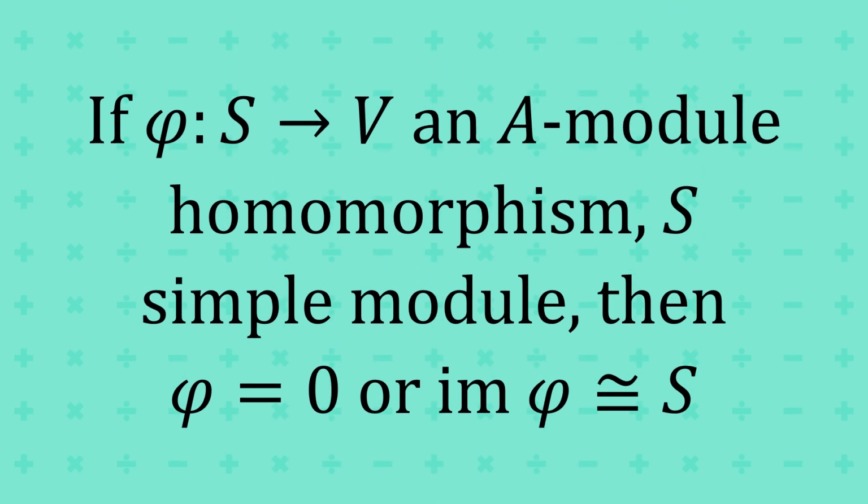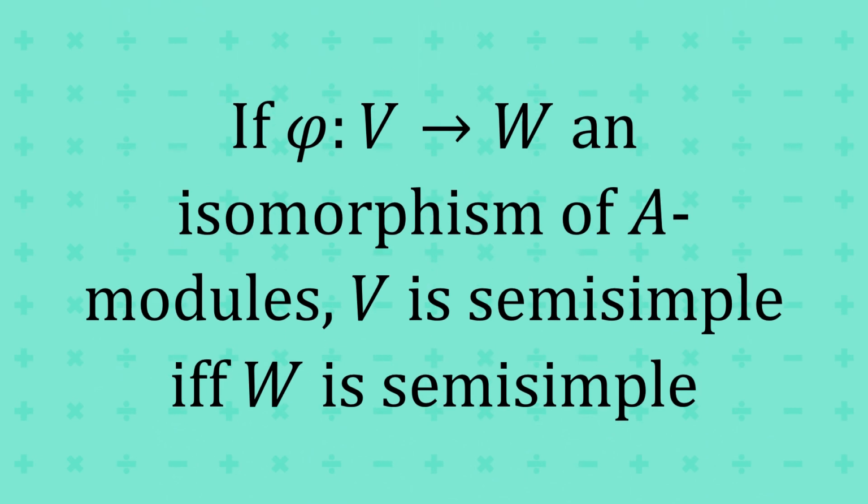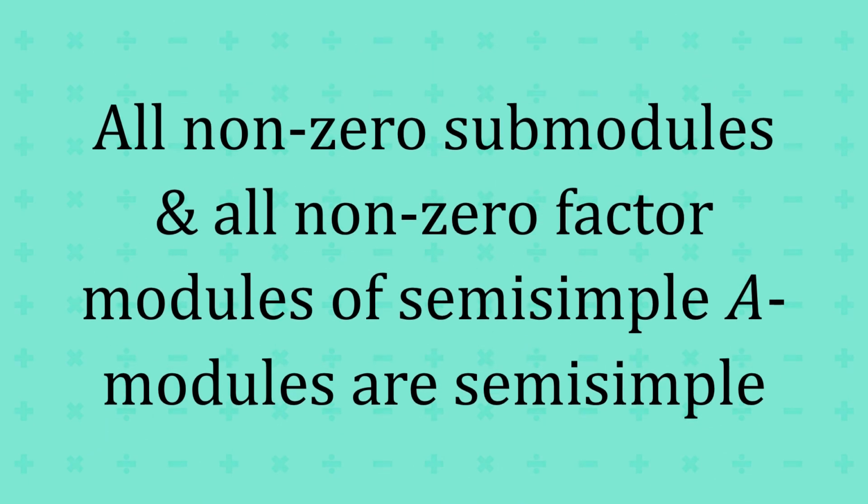Now, let's discuss some corollaries to these equivalences. First, if phi from S to V is an A module homomorphism, where S is a simple module, then phi is equal to 0, or the image of phi is a simple A module isomorphic to S. Second, if phi from V to W is an isomorphism of A modules, then V is semi-simple if and only if W is semi-simple.